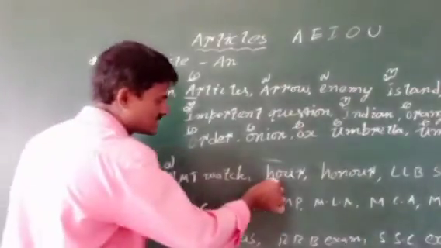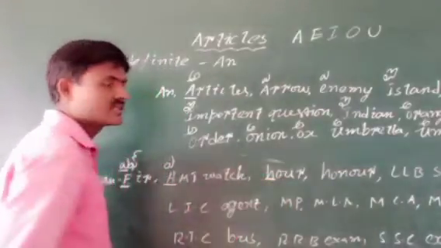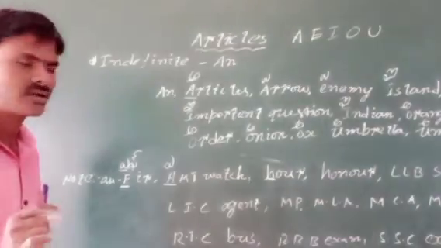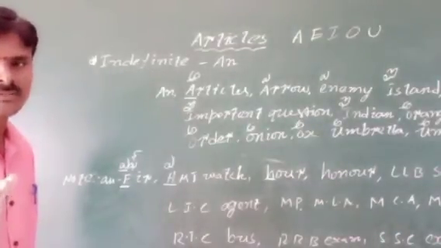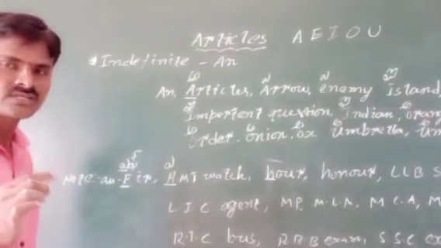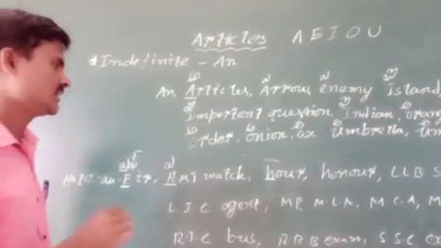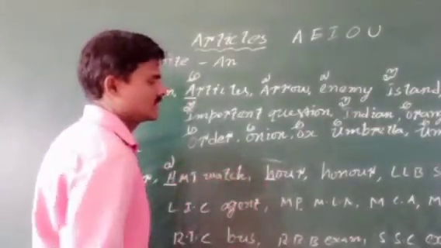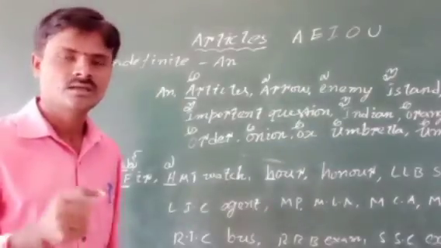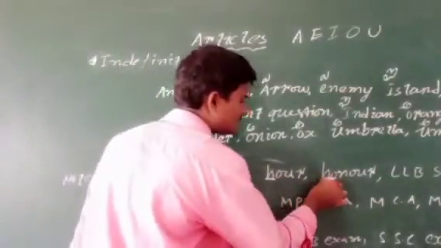H is silent here, so based on the pronunciation we have to use "an". However, you should not pronounce it. If you pronounce "hour" with an H, "an" will not come. If you pronounce it as "our", then "an" will come. Honor, not honor. Here also H is silent.